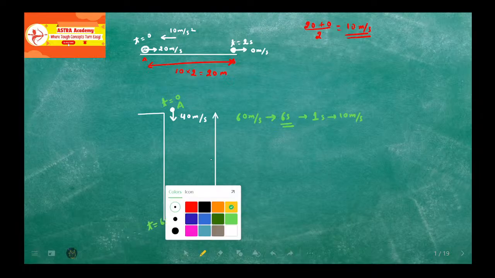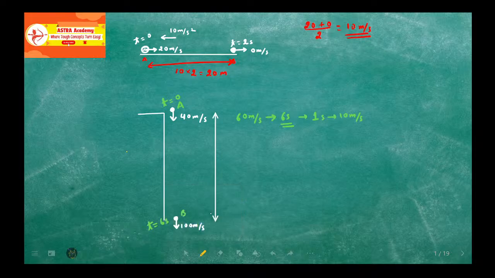Now, what is the average speed between point A and B? We will take the mean of 40 and 100. If I take the mean of 40 and 100, it will be around 70.